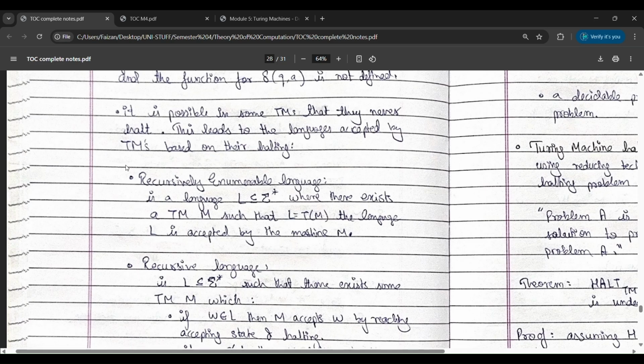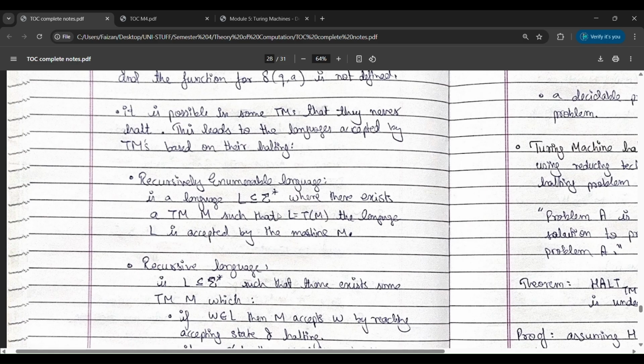Now this leads us to two types of languages: recursively enumerable language and recursive language. A recursively enumerable language is a language L belonging to the alphabet Kleene closure, where there exists a Turing machine M such that the language L is accepted by the machine. This is recursively enumerable.